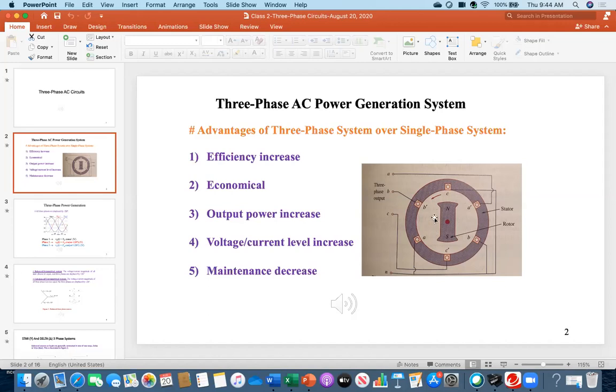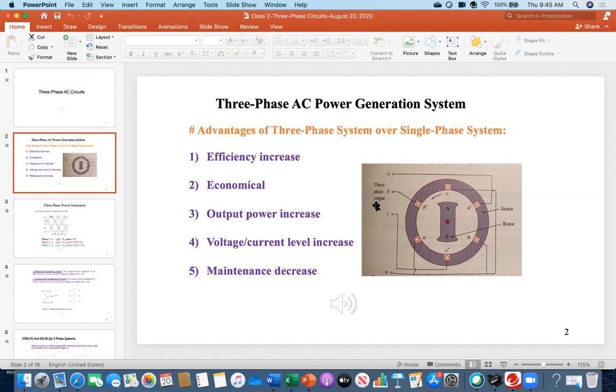So this magnet will be moving, it will be rotating. Once this magnet rotates, one pole at a time goes close to each of the coils. Then the voltage, or the power, will build up on these coils. So this is the output.